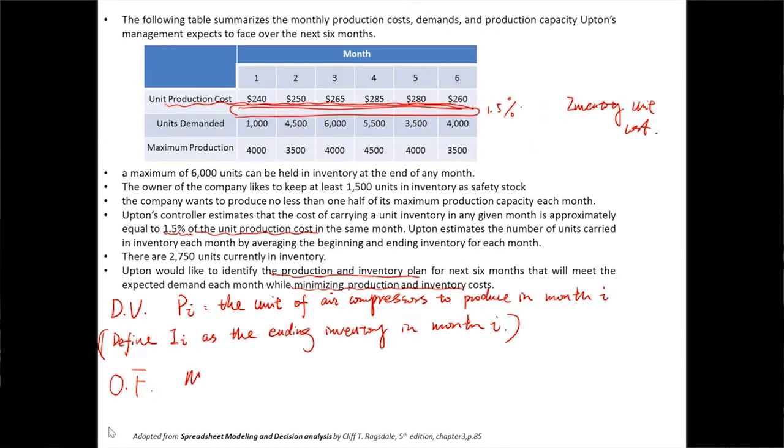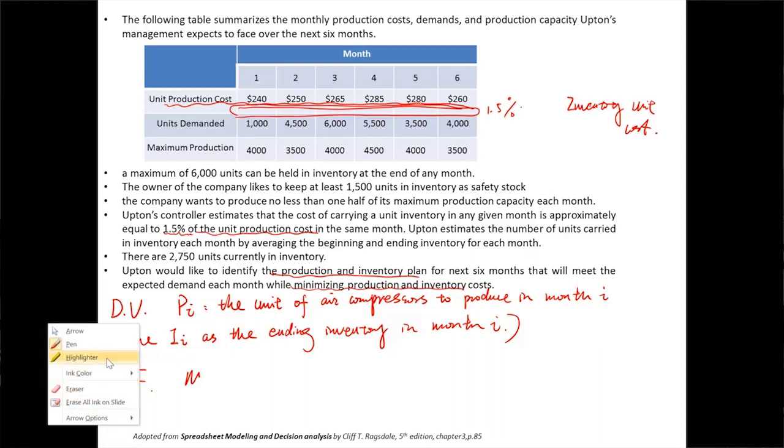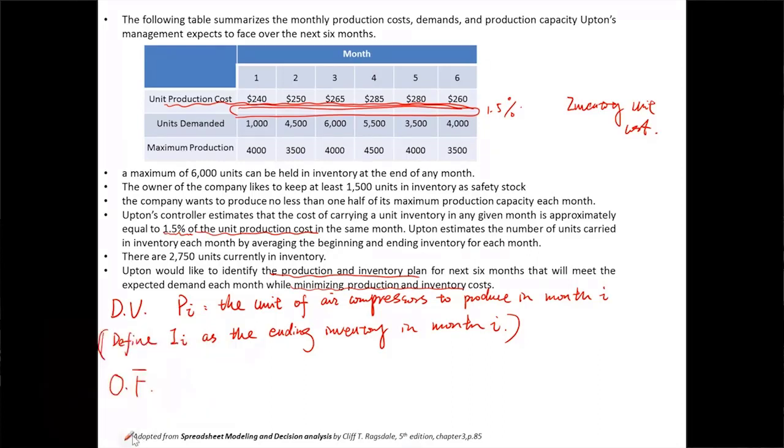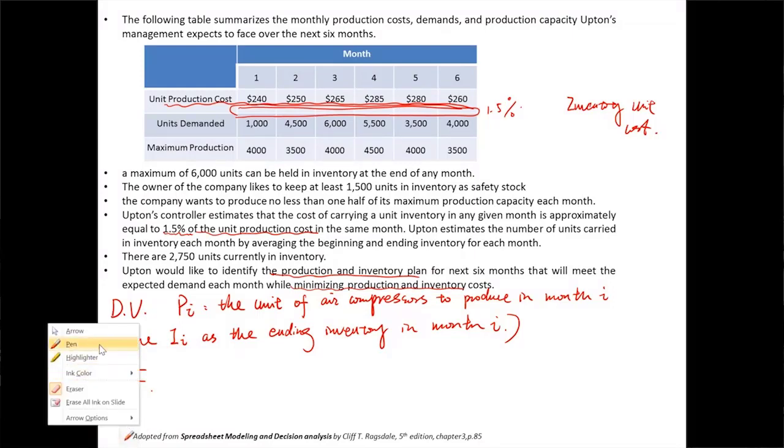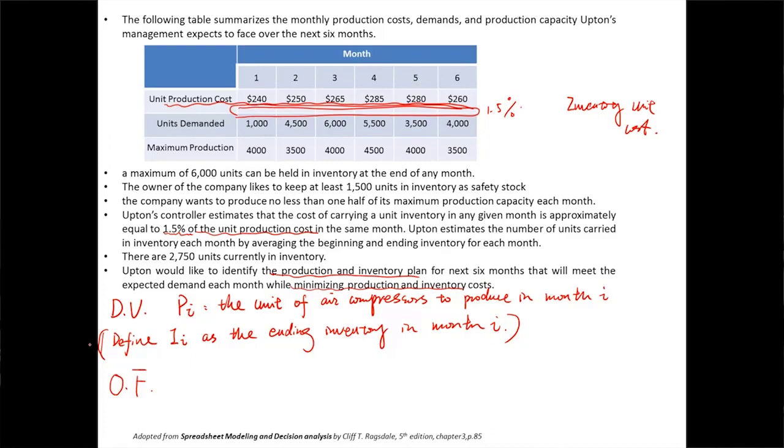So I'm going to go back to the definitions here. That would be pretty big. If you want to define another variable to represent the average inventory, so that the objective function is not that long, you can do the same. I'll show you the two ways.